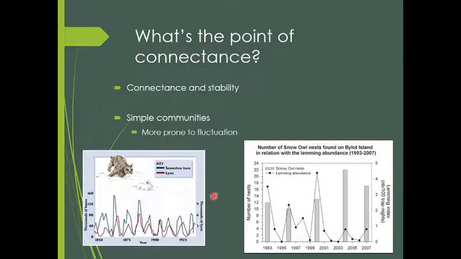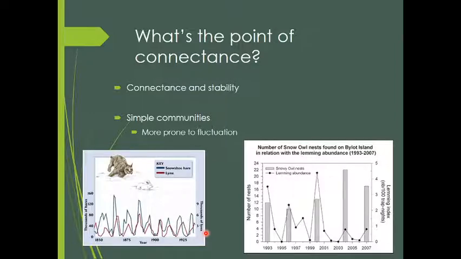In the Arctic regions, we have a lot of examples of this, where there are simple communities that have, say, the classic fluctuations we see of snowshoe hare and lynx, of lemmings and snowy owls, where lemmings can have huge increases, and the population crashes, and the owls then can really respond to that. But we often see in reality that these simple communities are really prone to fluctuation.